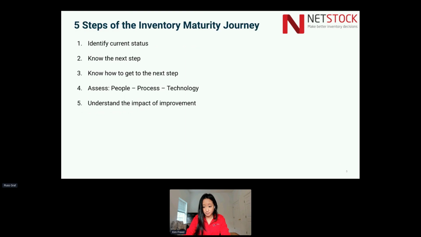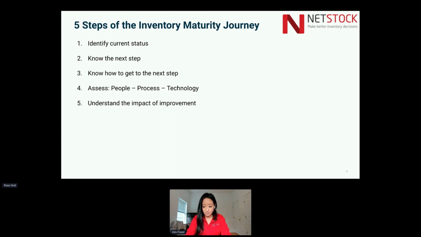So nothing too earth-shattering here to start with. In terms of the 5 steps on the journey, and you'll probably hear me use that phrase journey or path a number of different times, because that's really what we're talking about here. And I think like any journey, you need to understand where you currently are, right? What's my current location? What's my current status? What am I doing today? And how is that working?